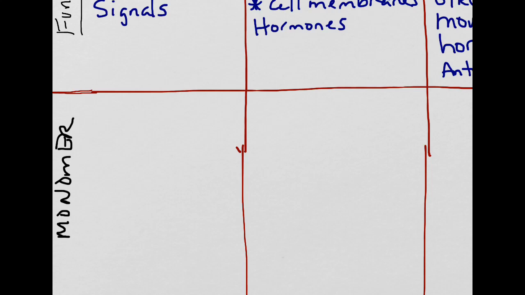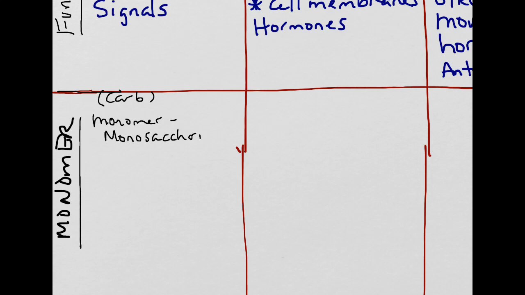Okay, so monomers, this first column here that we're working on is carbohydrates. I'm just going to write at the top here since we can't see our labels. The carbs. The monomer is the monosaccharide. A-R-I-D-E.